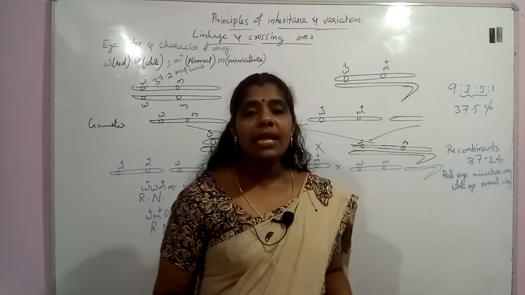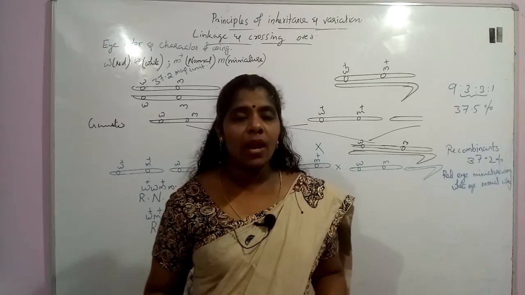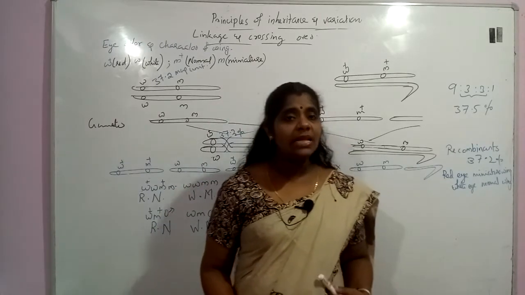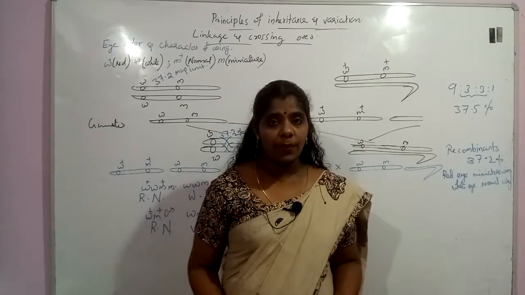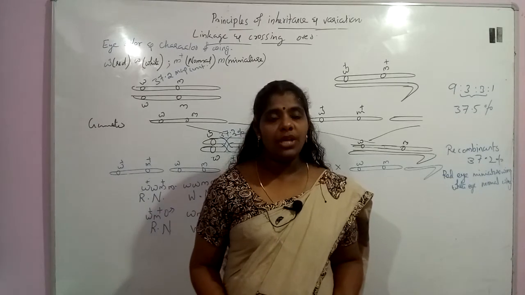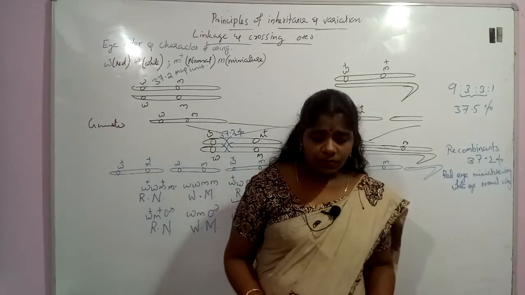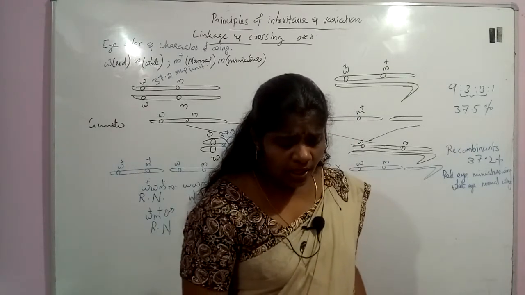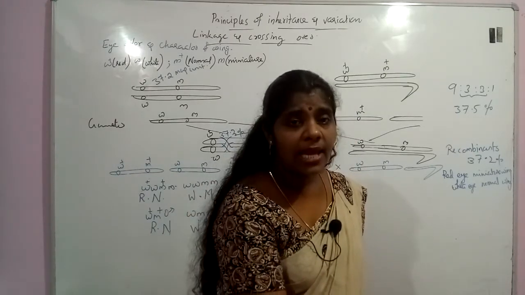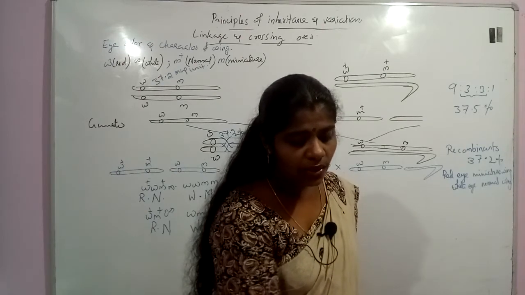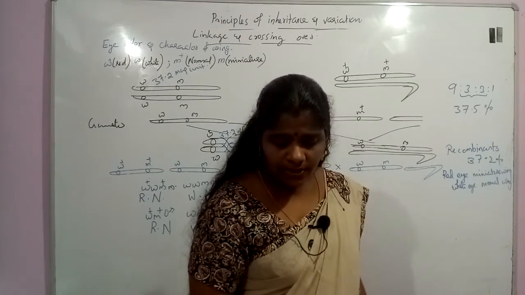So linkage and crossing over, or linkage and recombination, are inversely proportional.